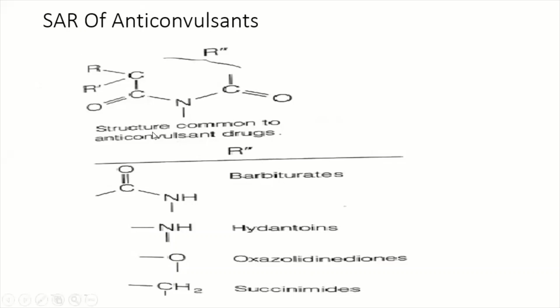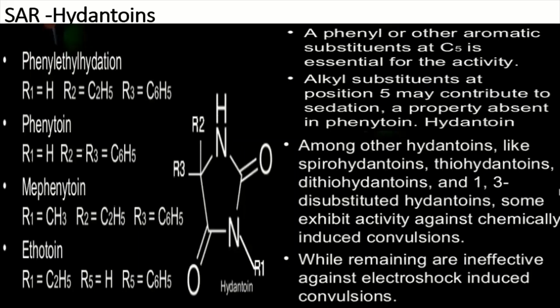So this is a structure which is common for all the anticonvulsant drugs. Based upon the substitution in this R double dash position, whatever group is substituted, you get the different derivatives. These are the different classes of drugs, and apart from this there are also certain other classes. Now we'll go to the next, SAR of Hydantoins.